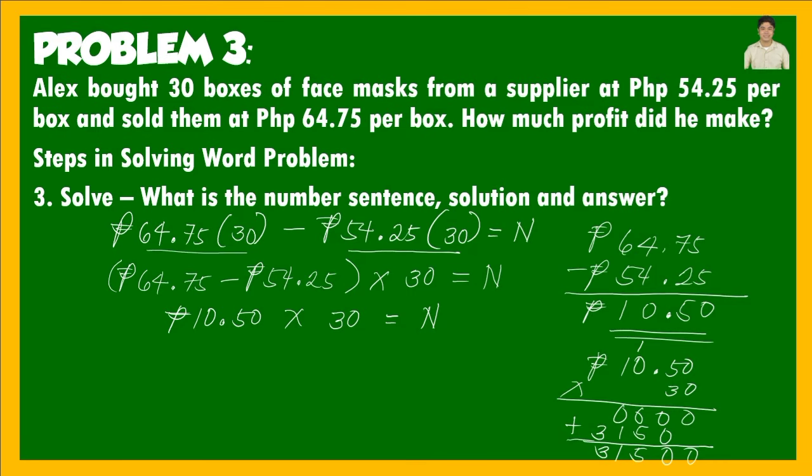And then, let's count the decimal places. We only have 2 here. So, we move 2 decimal places to the left. Therefore, we have 315 pesos. So, our N here is 315 pesos.